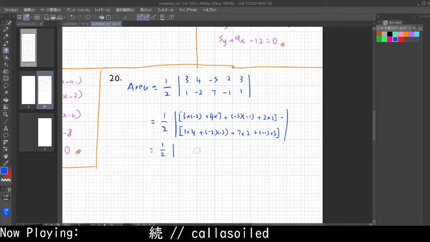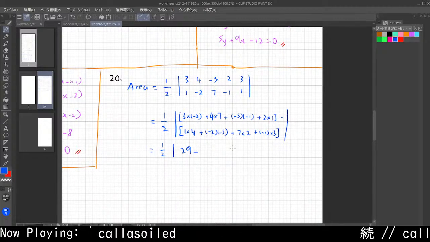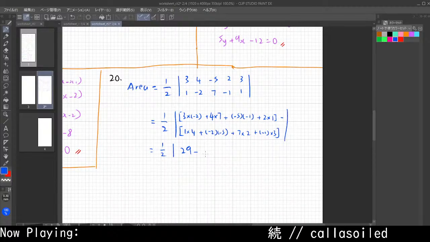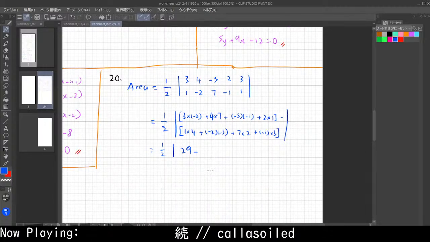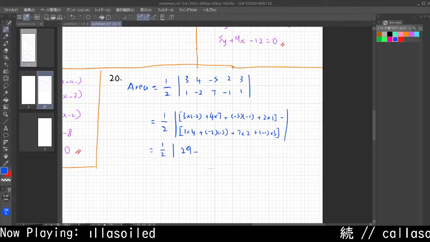Okay, plus 5, plus 2, 29. But to be honest, even if you have decimal points, the most you can get is 0.5, because you would be getting a whole number from this no matter what. So it actually doesn't matter where the points go, as long as the points themselves don't have decimals.